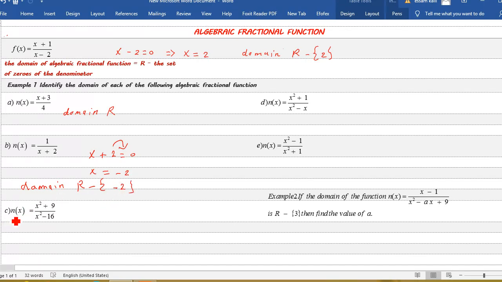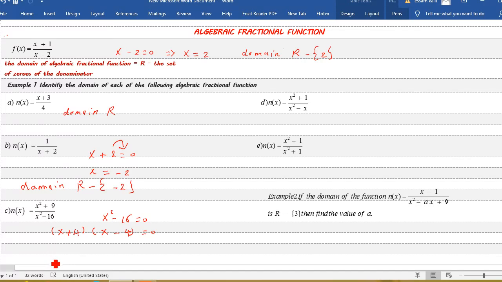Letter C. n of x equal x power 2 plus 9 over x power 2 minus 16. Find the zeros of the denominator. يبقى put x power 2 minus 16 equal 0. Difference between 2 squares. يبقى become x times x is 16, 4 times 4, positive and negative.